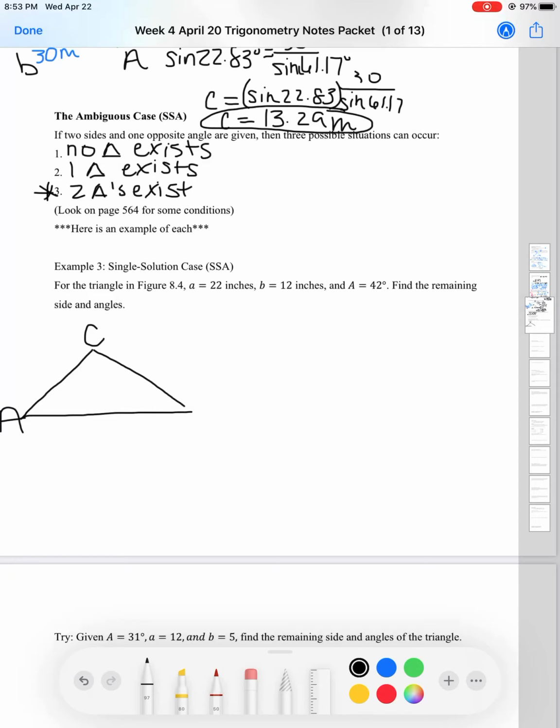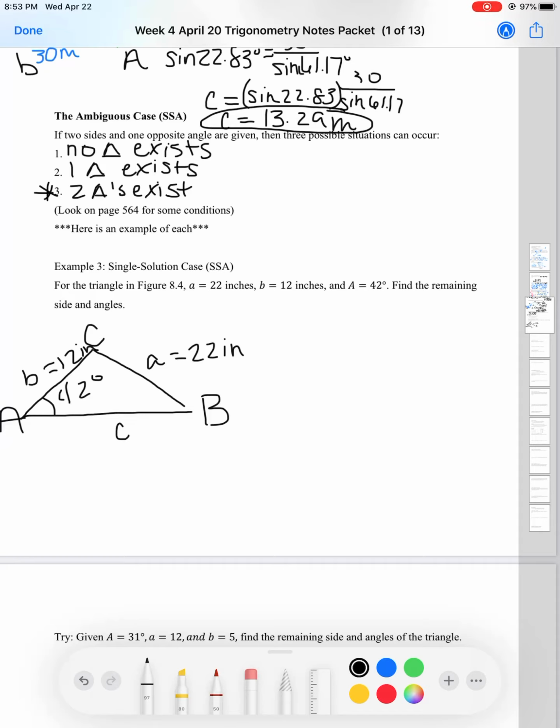Again, never drawn to scale because we all know how good I am at drawing things. Here's side C. It says side A is 22 inches, and side B is 12 inches. It gives angle A at 42 degrees. Okay, so it says find the remaining side and angles.